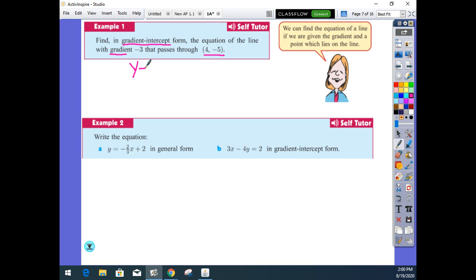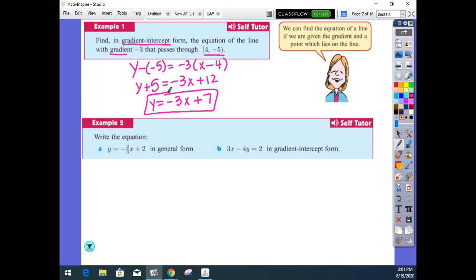Y minus the y coordinate, which is -5, equals the slope, -3, times x minus the x. All right, now to simplify this, first of all, I know if I'm subtracting a negative, that just makes both of them positive. Distribute the -3, subtract 5 from both sides.